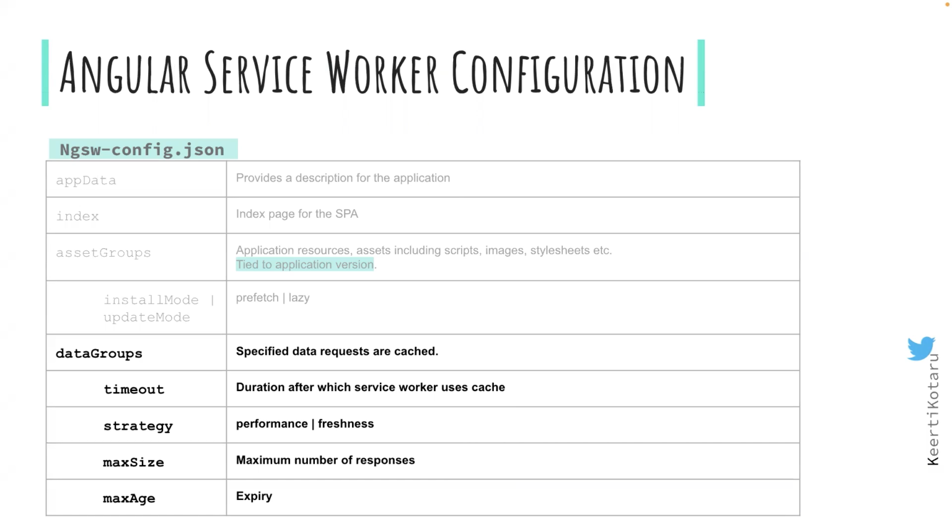So service worker configuration. In the last session, we looked at largely the grayed out areas, where we looked at how the application is installable. You could have all your resources, be it the scripts, the HTML pages, images, font, etc., could be assets and resources that could be cached using the asset groups configuration.